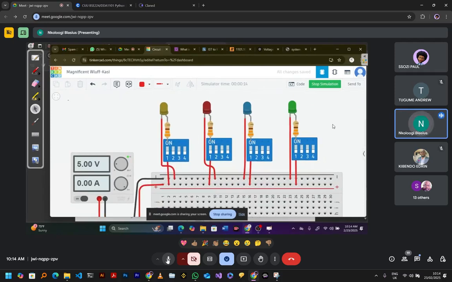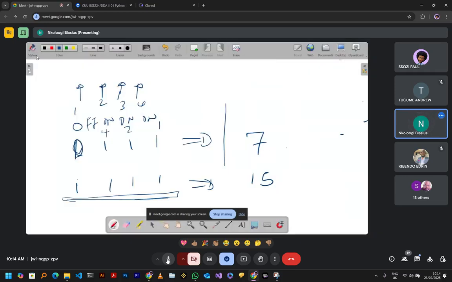So I can now go to my table of observation, and I say the first case scenario is I have all LEDs off. So this is the binary that I have. So my decimal representation is what?